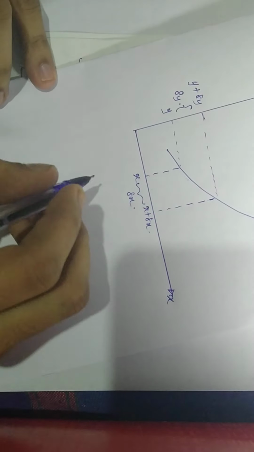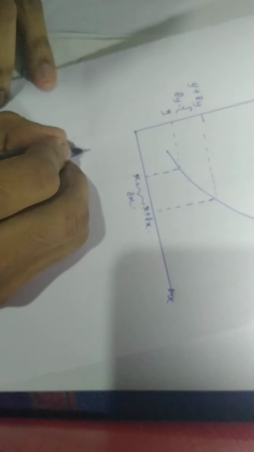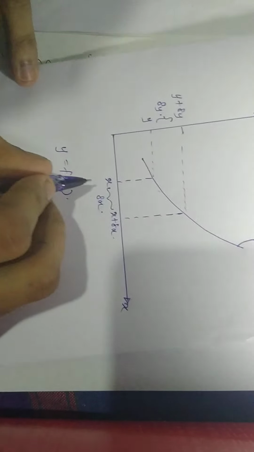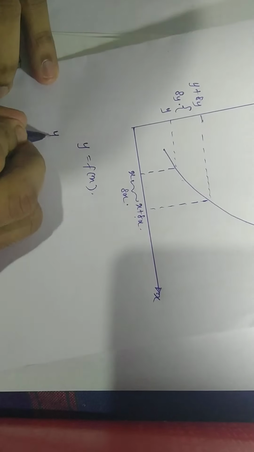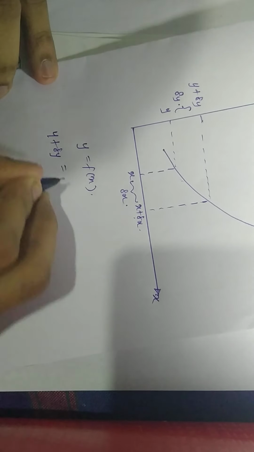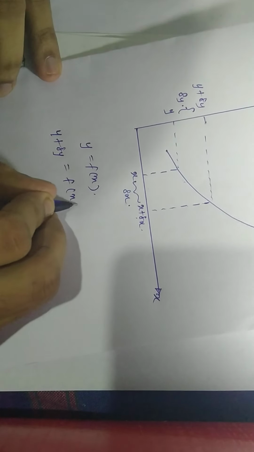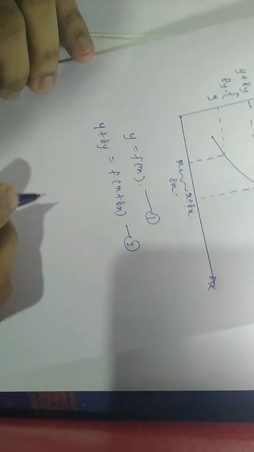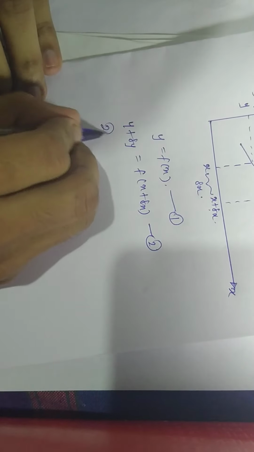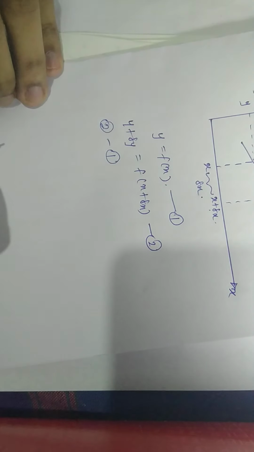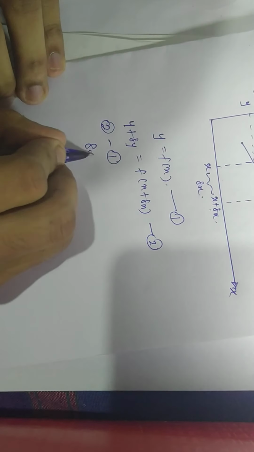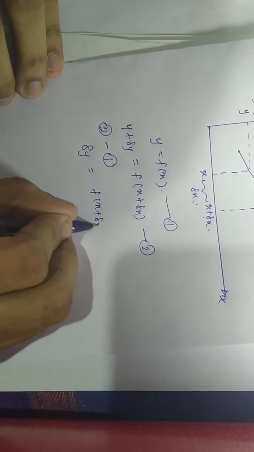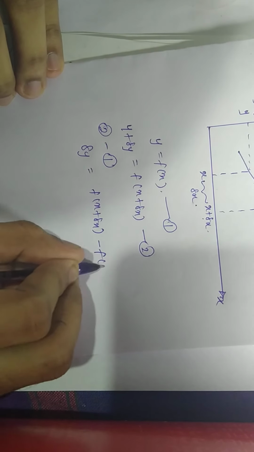Firstly, let us consider y equals a function of x. Y plus delta y equals f(x plus delta x). Second minus first: delta y equals f(x plus delta x) minus f(x).